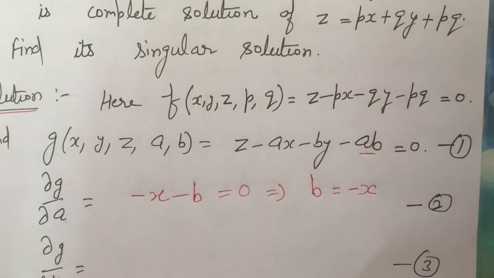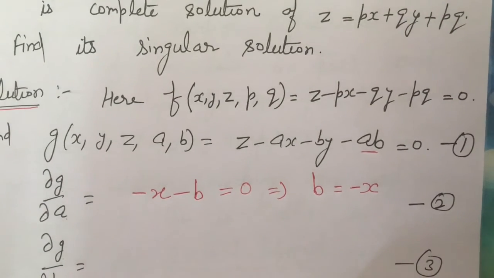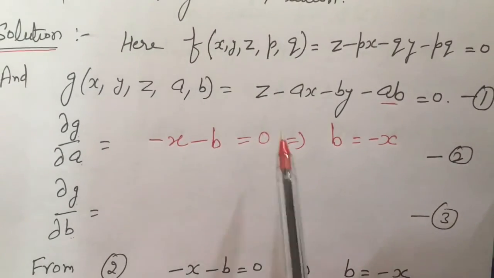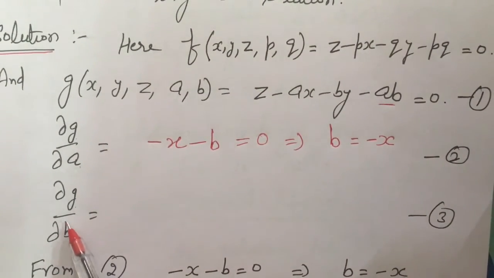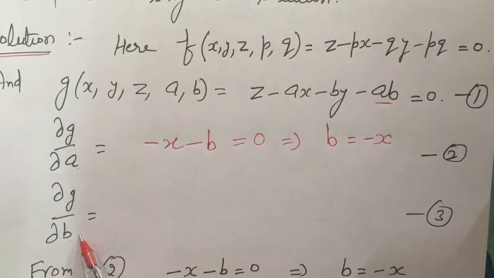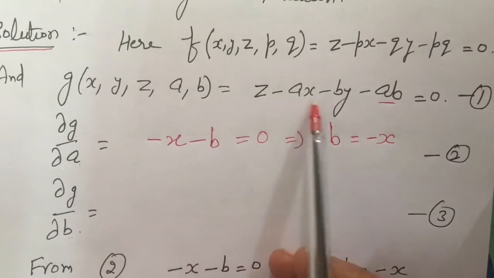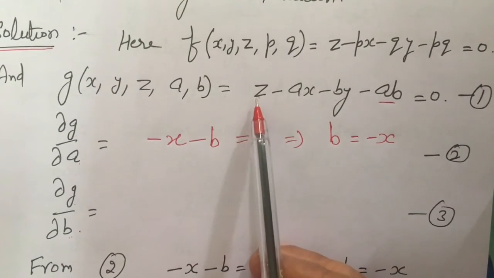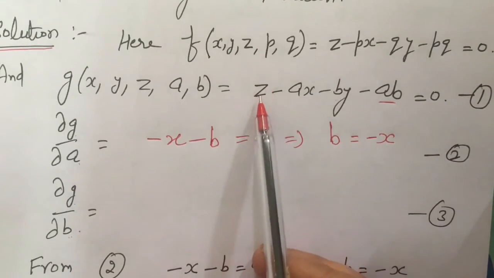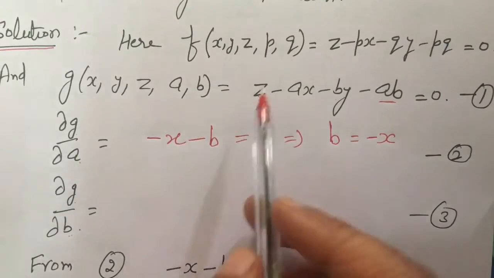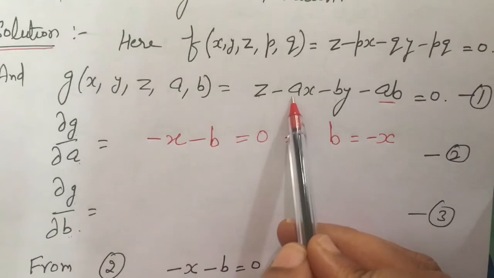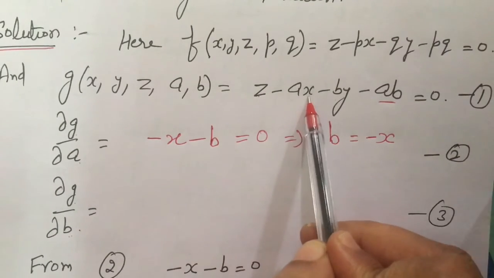Again, the partial derivative of g with respect to b: when differentiating with respect to b, all the other variables are treated as constant. The derivative of z is 0. Again, this term is constant, so its derivative is 0.